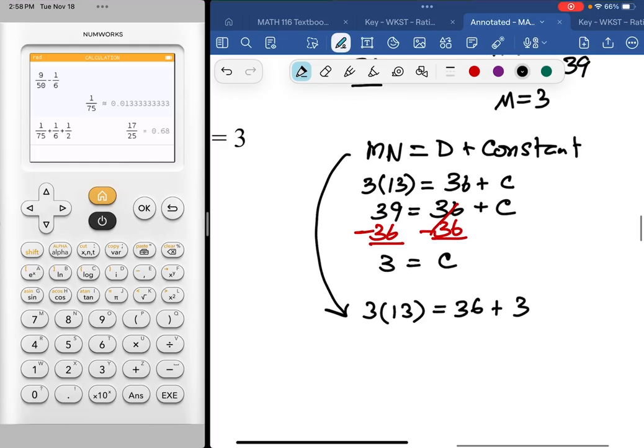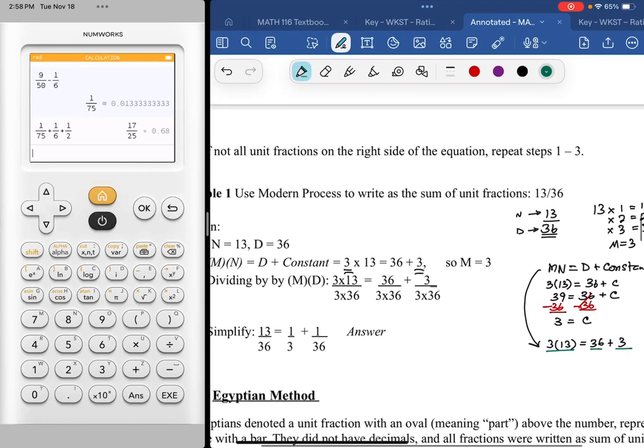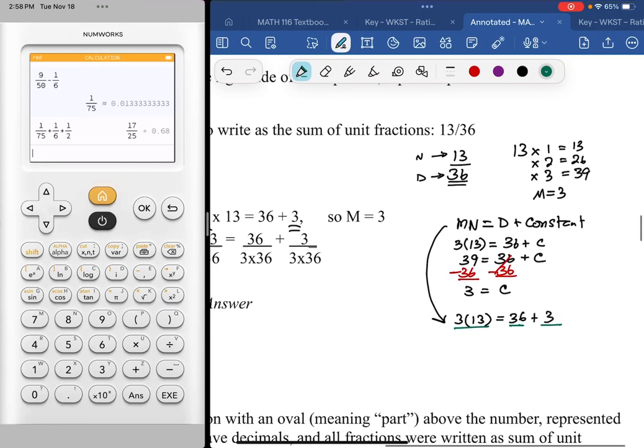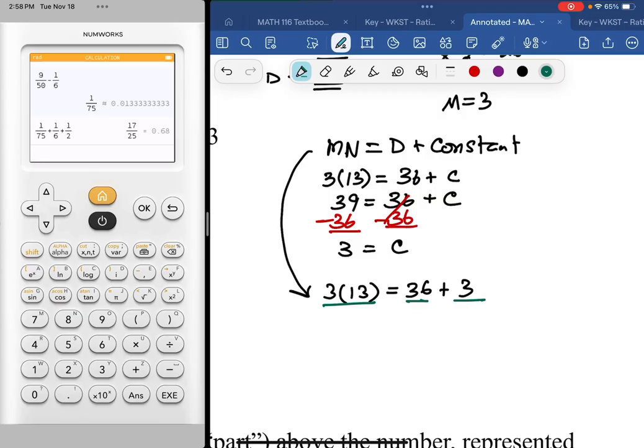All right, but then the next step in the algorithm is telling us to take each term and divide it by the md value, right? So a little typo here, dividing by md. The m value, 3, the d value, 36. Get rid of those. 3 times 36. 3 times 36.